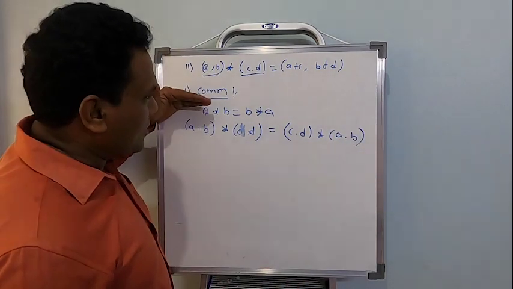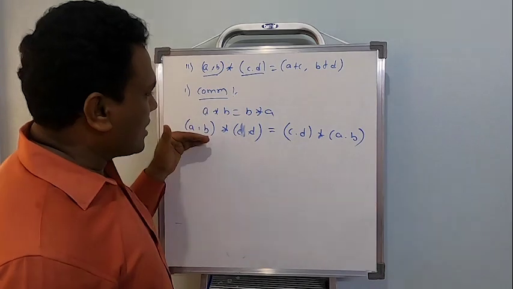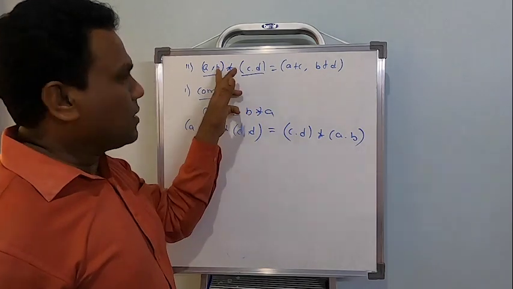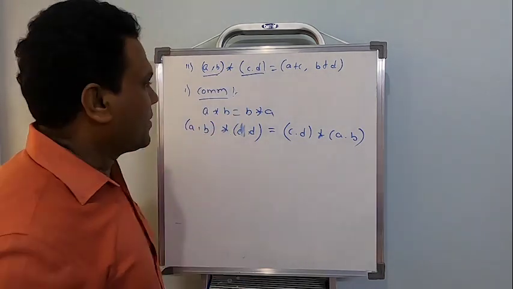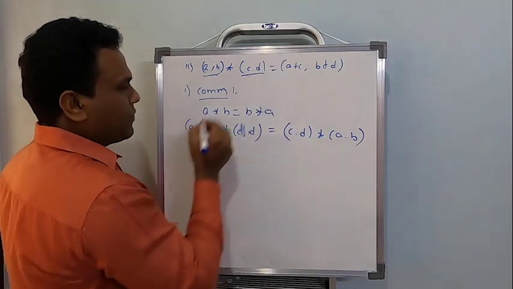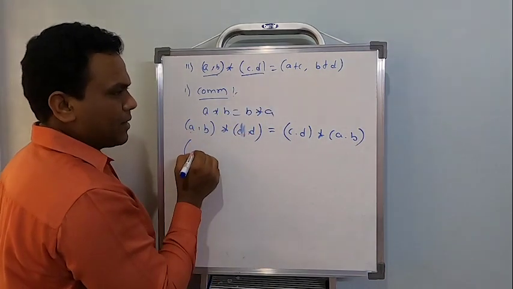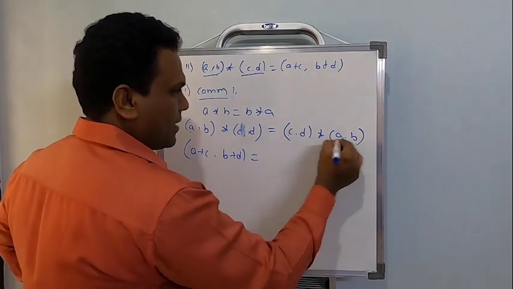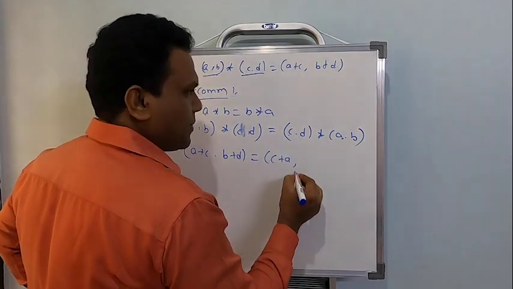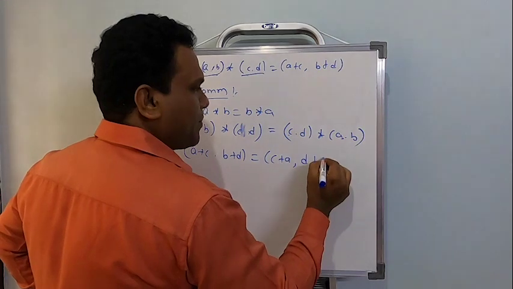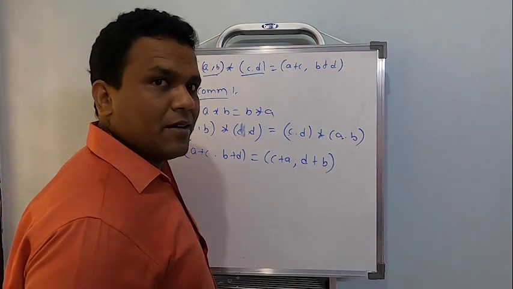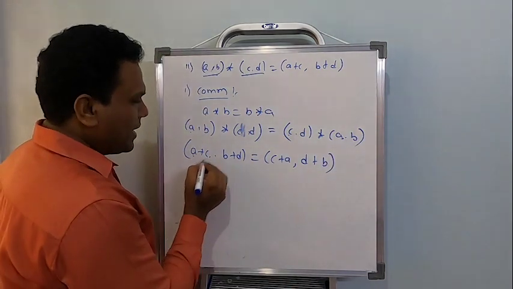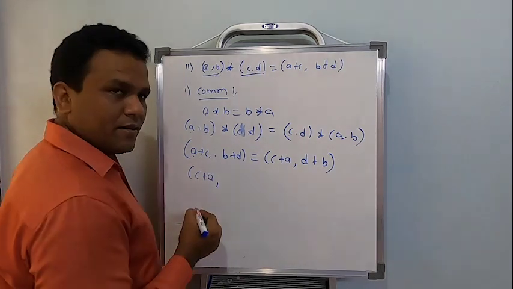So we know this is the standard property. The same property has to be adjusted because here one element is one ordered pair. So according to the definition, A star B can be written as (A plus C, B plus D), and here this can be written as (C plus A, D plus B). Does it matter if I write A plus C as C plus A?